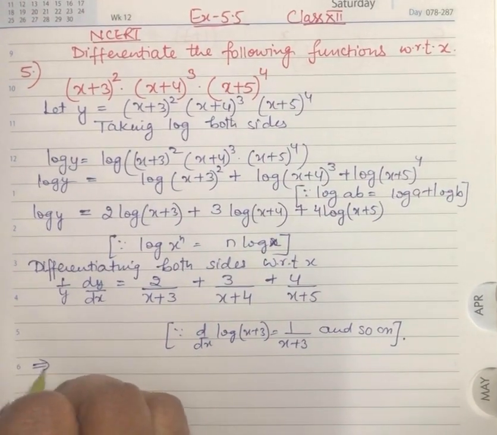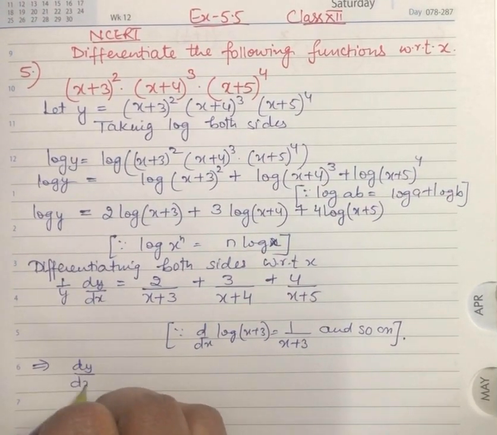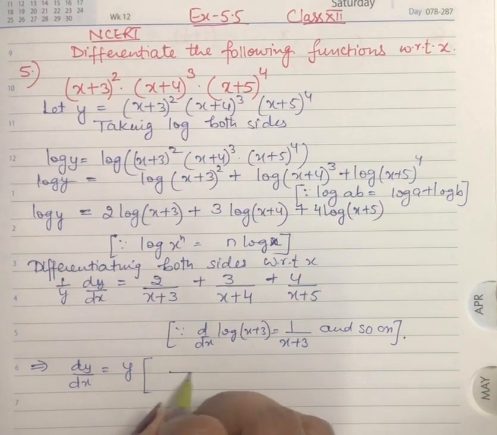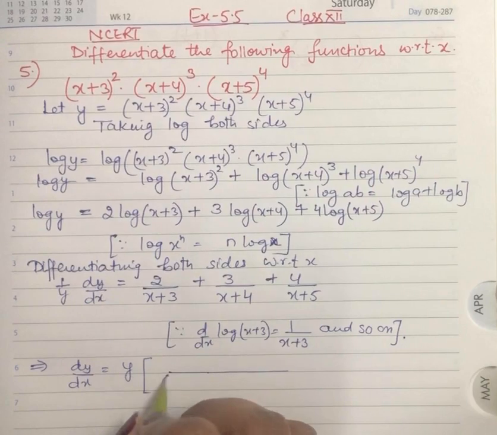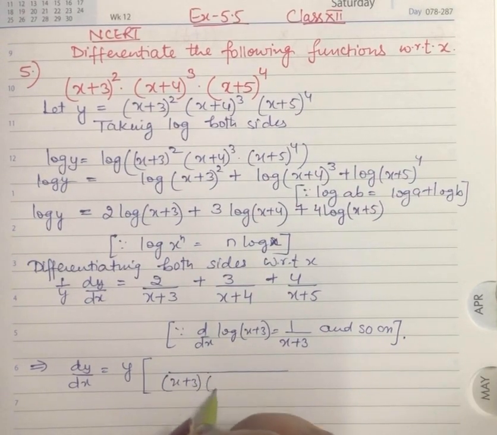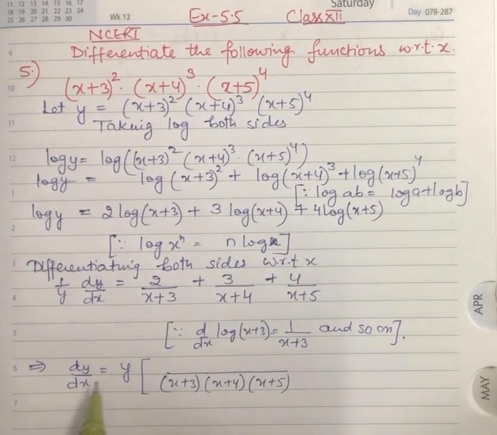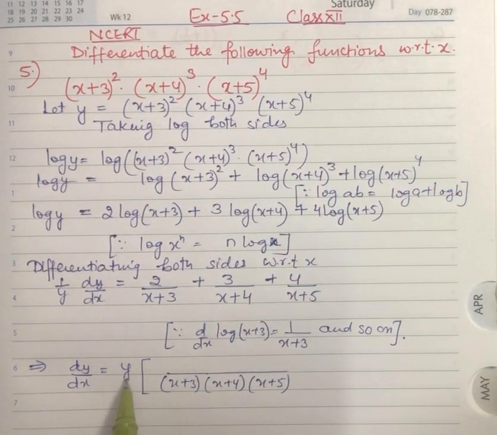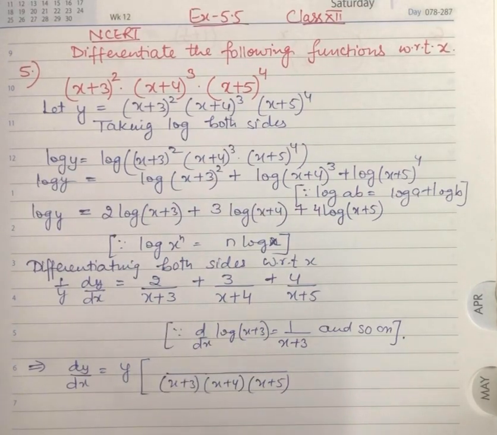Now this implies dy by dx is equal to y into bracket, we can take the LCM, (x plus 3)... we can simplify it if you want, otherwise you can leave it like this also. You just put the value of y and leave it like this, but you can simplify it also.